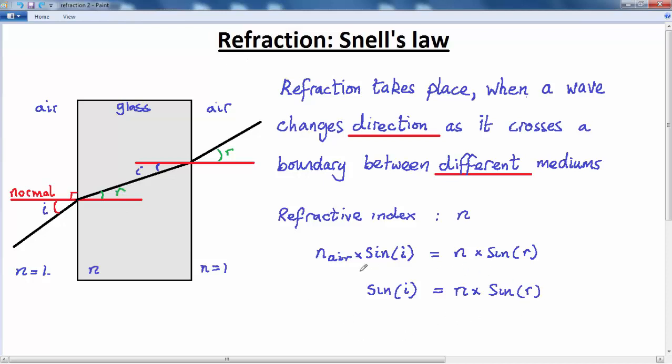So we might like to write this expression as this, saying that the refractive index of the medium is equal to the sine of the angle of incidence divided by the sine of the angle of refraction.